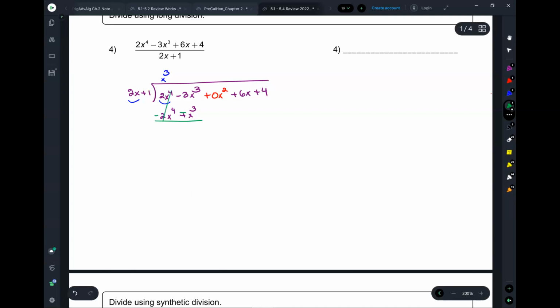So this goes away and I have negative 4x cubed. The plus 0x squared comes down. What goes up here, guys? Negative 2x squared, good. So I get negative 4x cubed minus 2x squared. Changing the signs, 2x squared. 6x comes down.